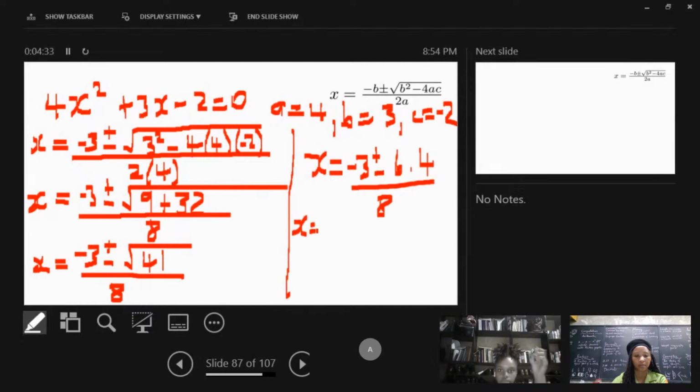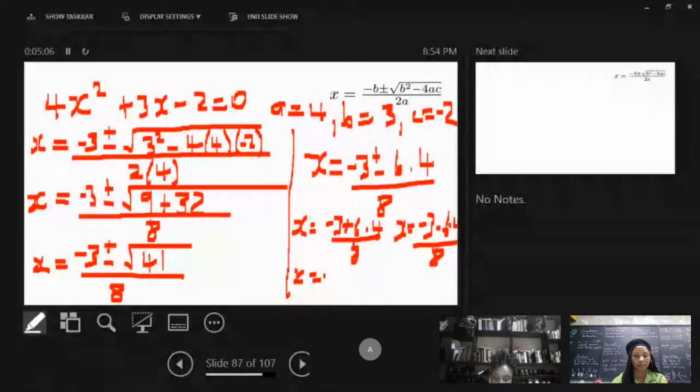The first one is negative 3 plus 6.4 over 8, and the other is negative 3 minus 6.4 over 8. Negative 3 plus 6.4 is 3.4 over 8.